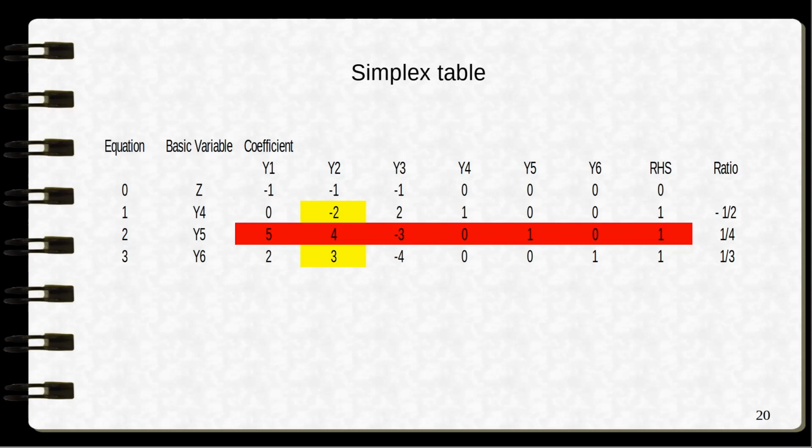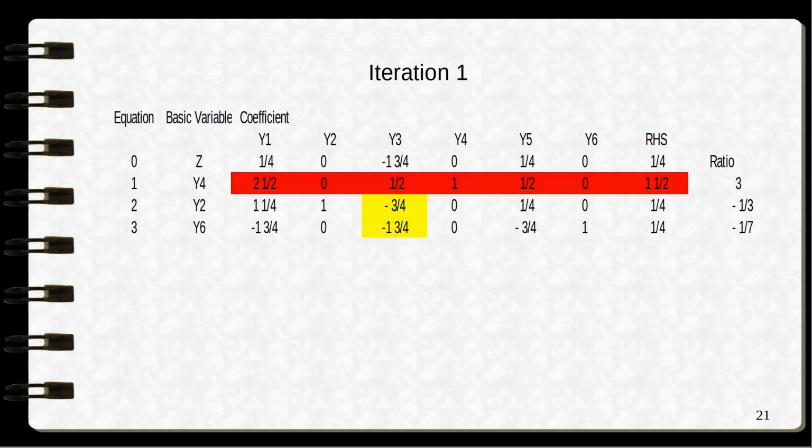The 4 has to be made 1 by row and column manipulations, and all other values in column y2 have to be 0. y2 is the pivot column and y5, or equation number 2, or row number 3 rather, is going to be the pivot row. So we do the calculations, and there we have it.